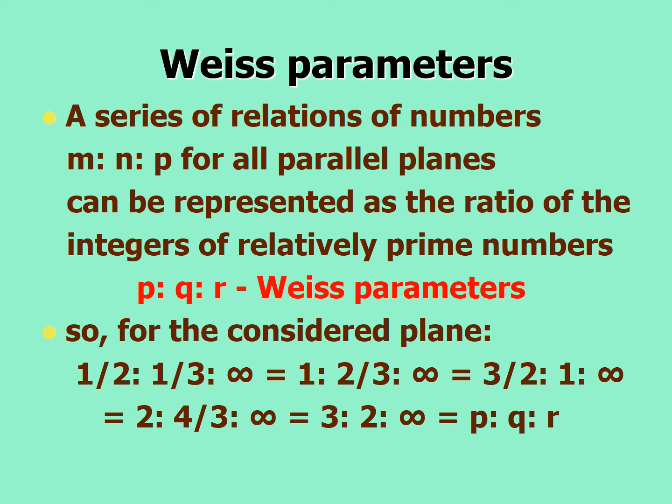So, for the given plane, we can write this equation. You can see that the letters P, Q, R equal 3, 2, infinity are the base parameters for this plane.